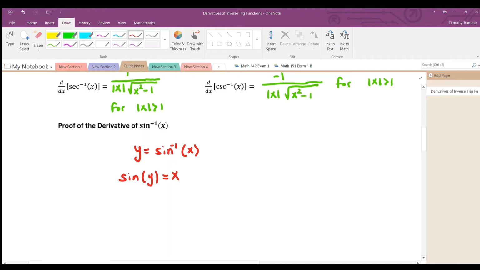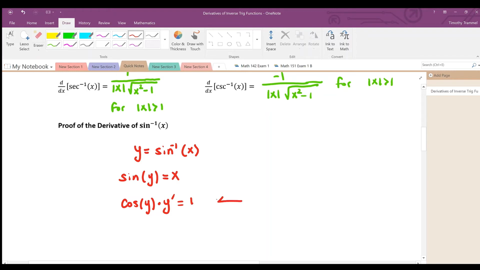And then the next thing we could do is, we do know the derivative of sine, so we could use implicit differentiation. We could get cosine of y times y prime is equal to, and the derivative of x with respect to x is just going to be 1.